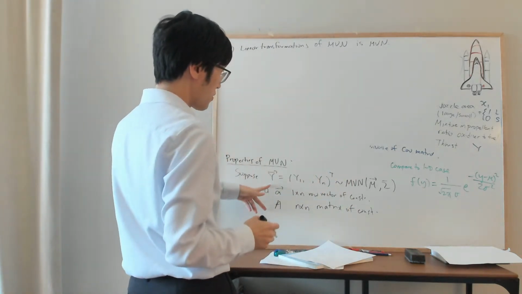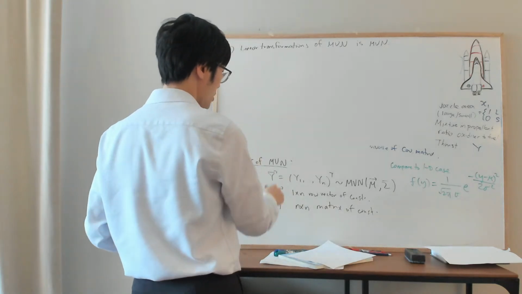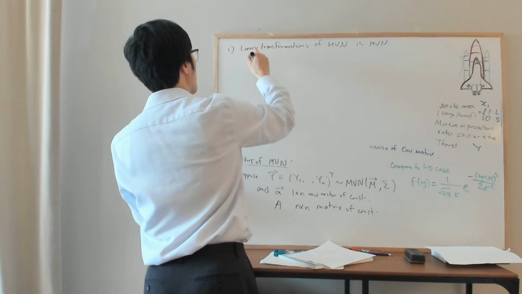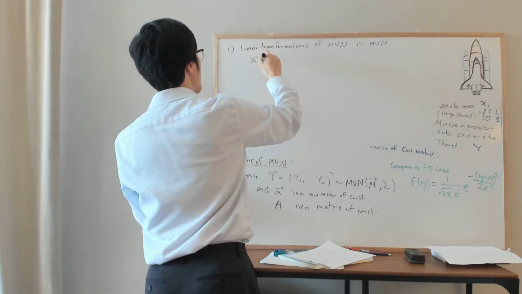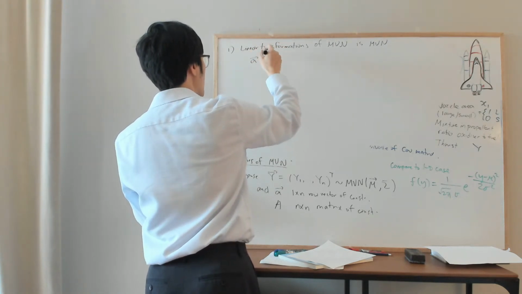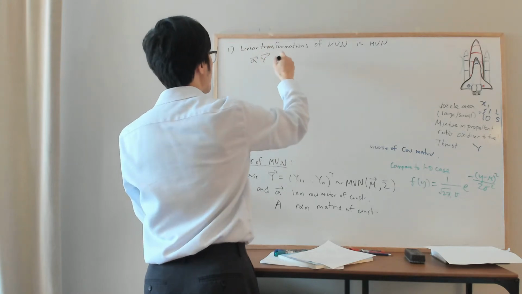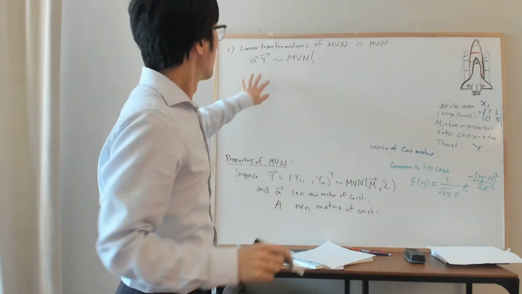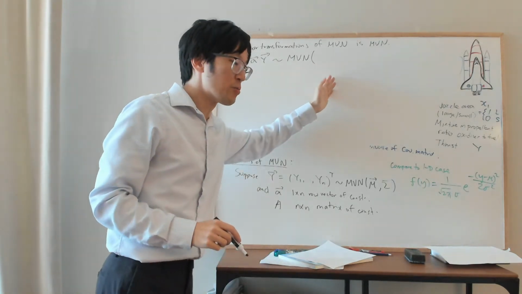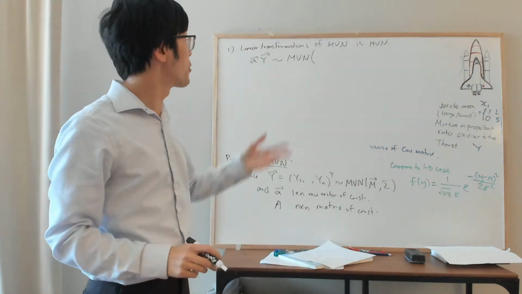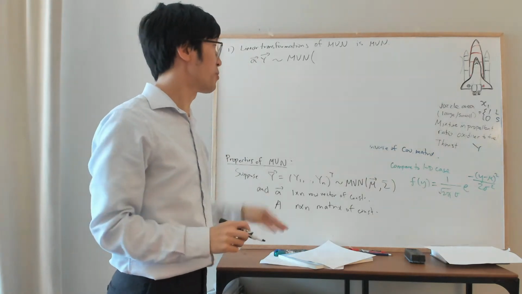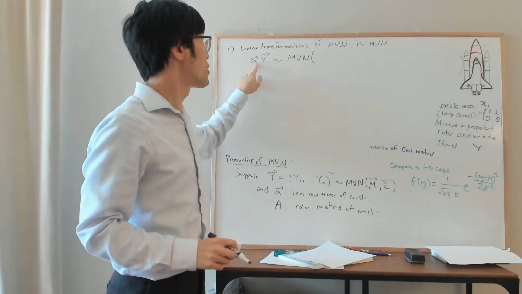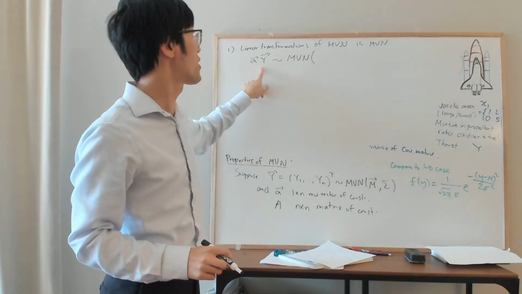Again, I defined these constants here. So what is the distribution of A times Y? Let's start with the vector first. This is multivariate normal. And what does this mean and variance? All we have to do now is apply what we learned earlier today about what happens to the mean and variance when you multiply this vector.